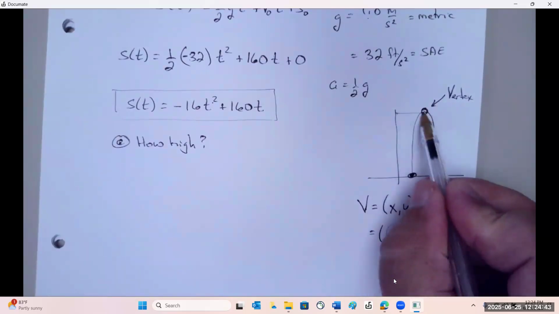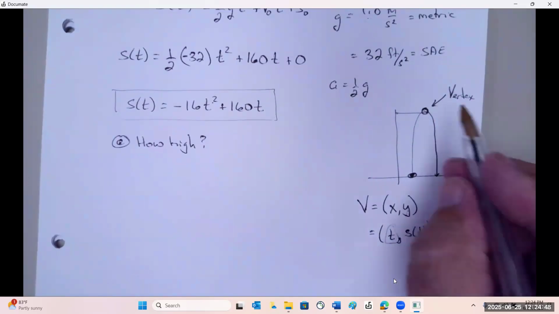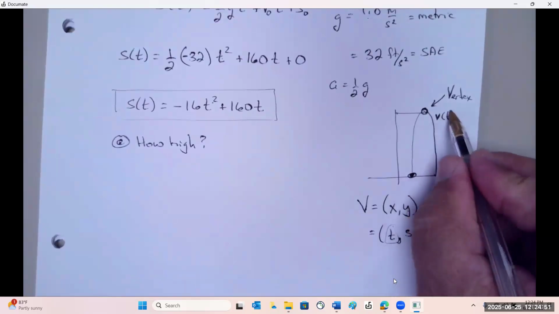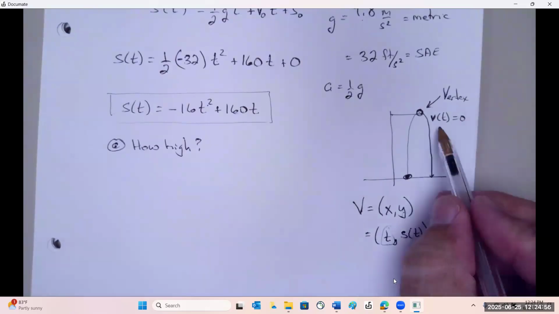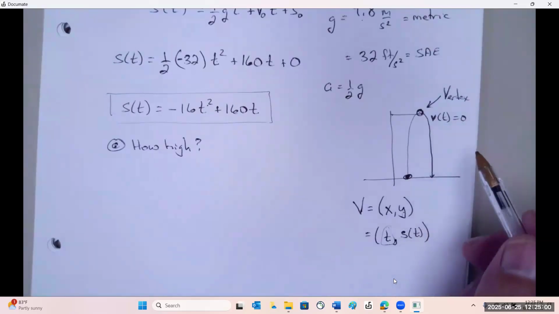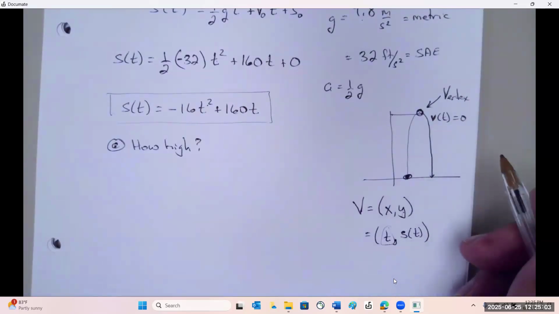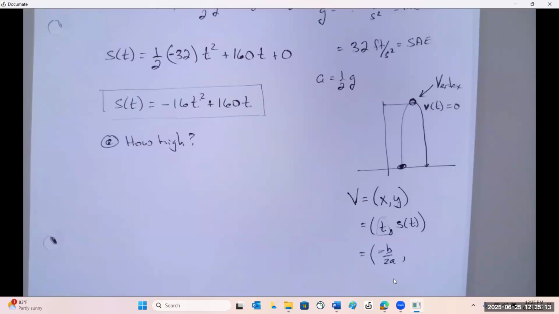What do we know happens at this point? The velocity at this stage is equal to 0. So we can find the velocity and find the t when it equals 0. That's one way. Another way is algebraically, negative b over 2a, since we have the function. Hopefully they'll both give us the same answer.